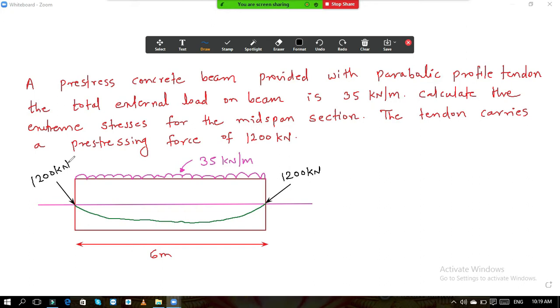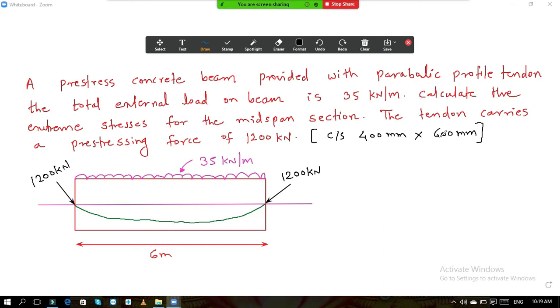This is our given data. The cross section is 400 by 600. I will not draw the cross section, I will just write here: cross section is 400 mm by 600 mm.